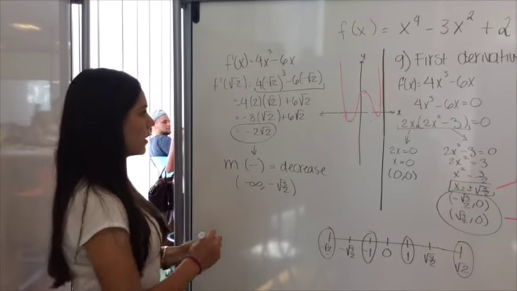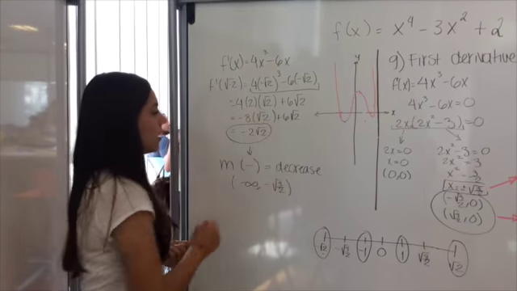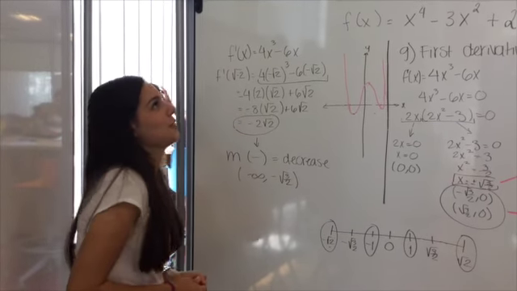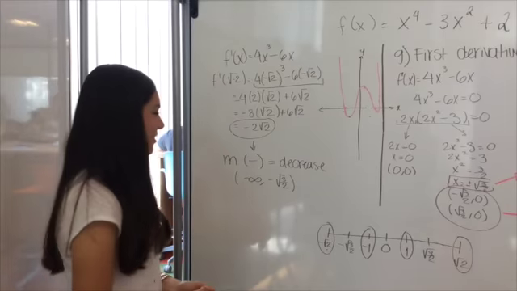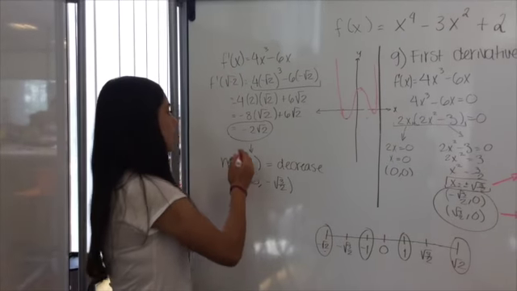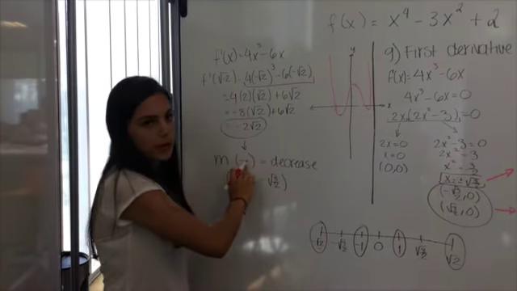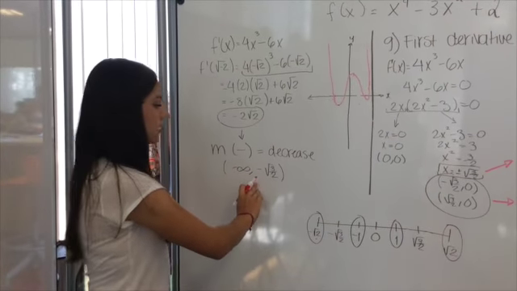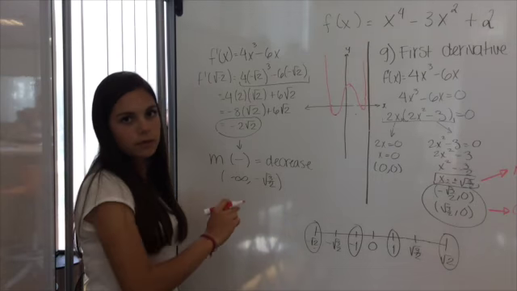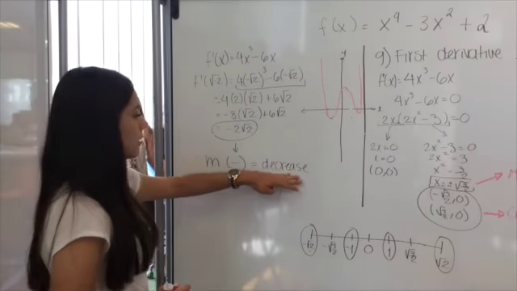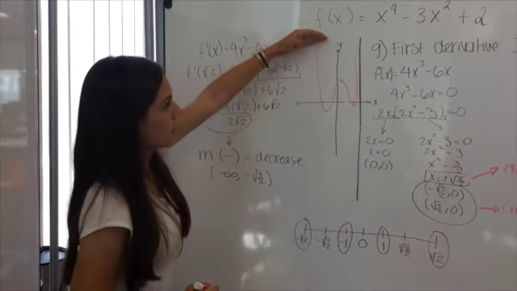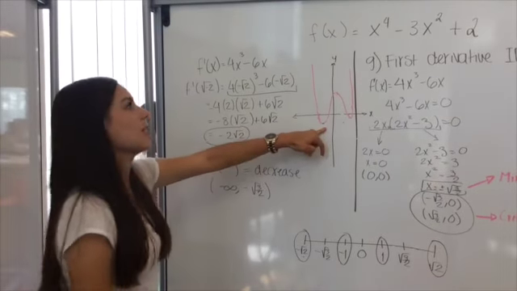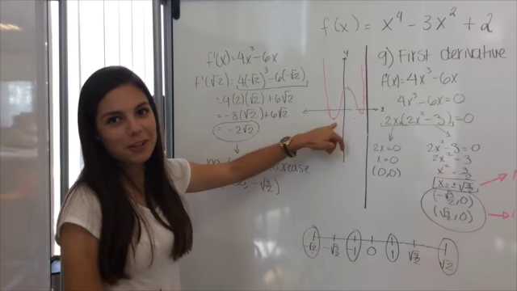Then we factorize, and the result is minus 2 square root of 2. So the slope is going to be negative, and this is the interval from minus infinity to minus square root of 3/2, which means it will decrease.